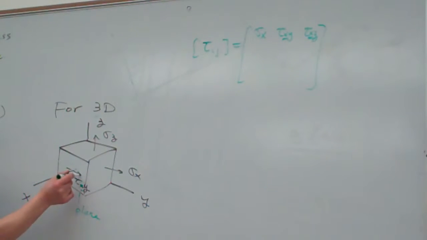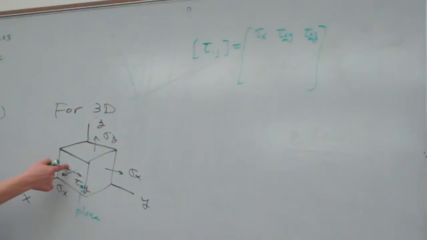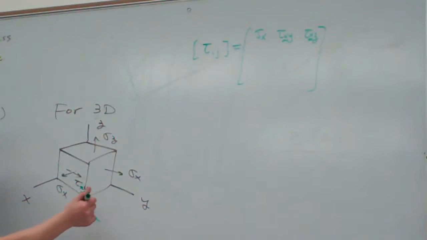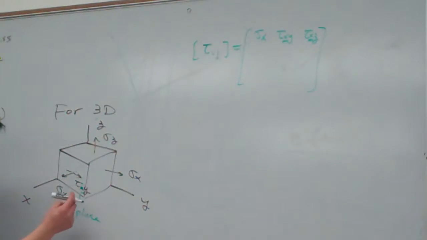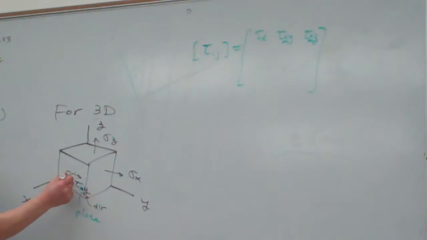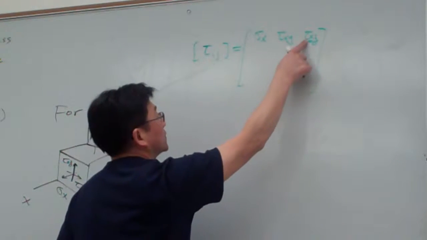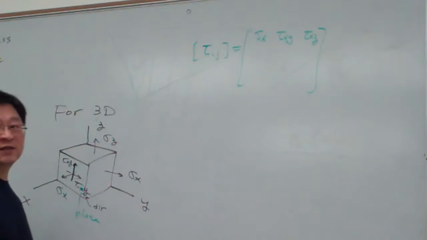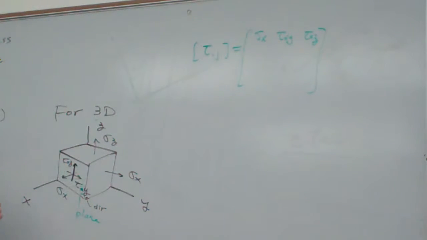This stress lies on the x-plane, pointing to the y direction, so this is tau xy. Very likely you can draw tau xz in the x-plane pointing to the z direction. So the first row indicates the three stress components in the x-plane.